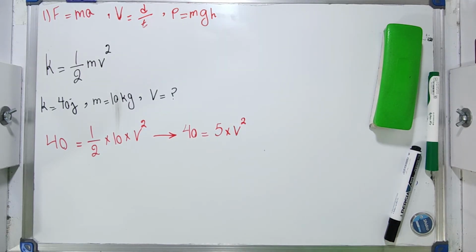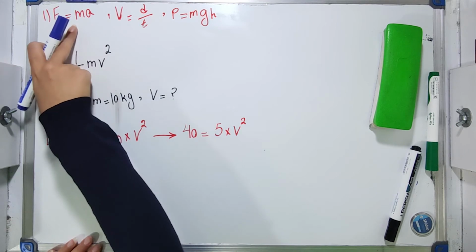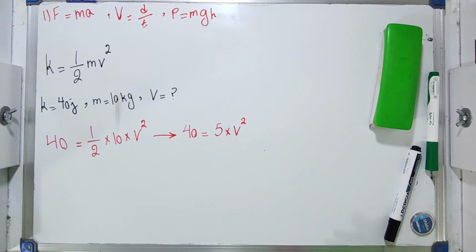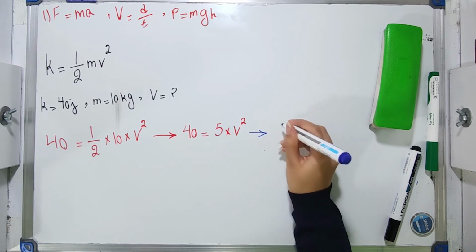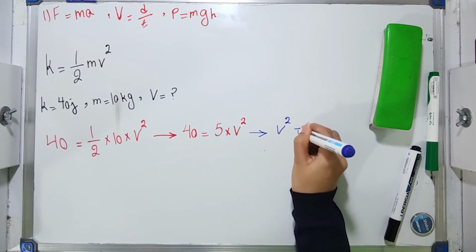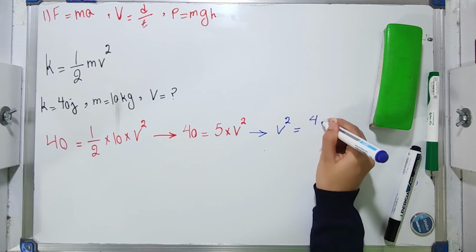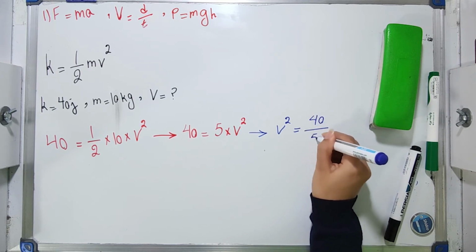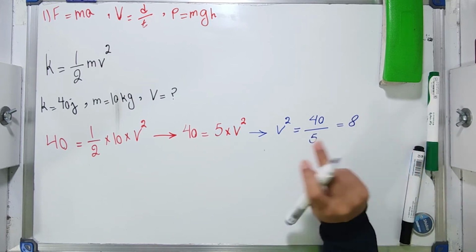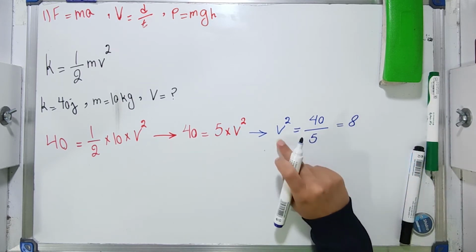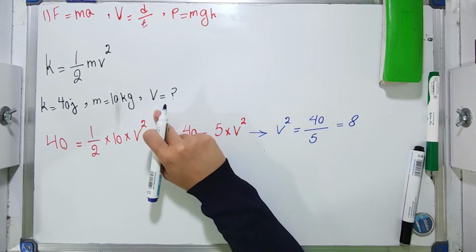So now it's in the form of the first equation we've solved. I told you, always keep the unknown and divide the other side by all the numbers you have. And so it gives us 8. It's not the final answer because it is v squared, and what we want is just v.